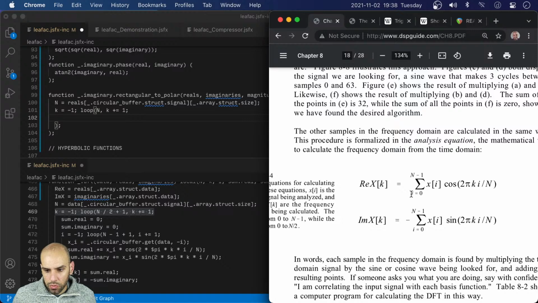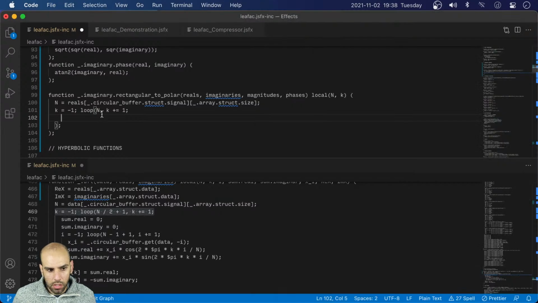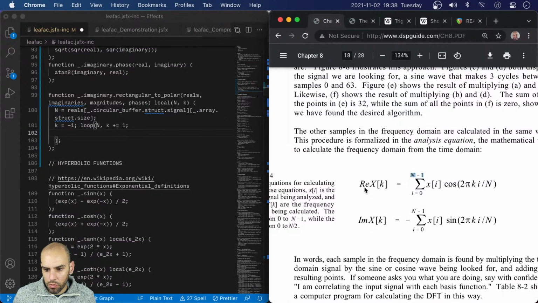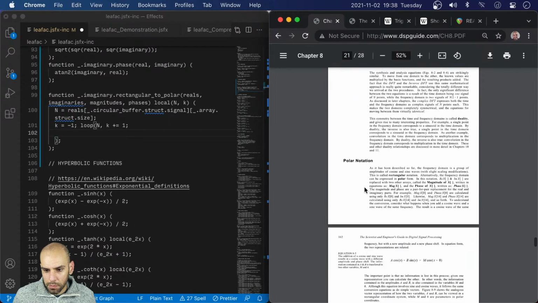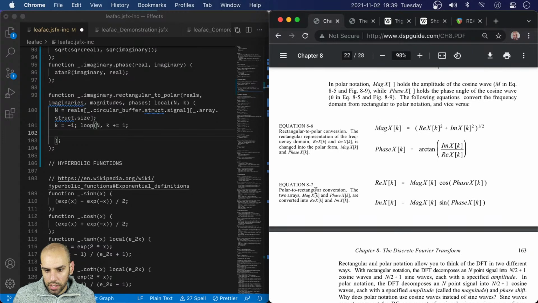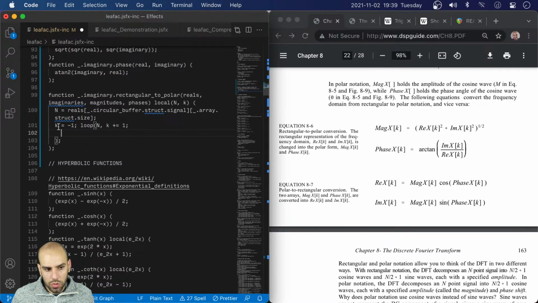They are saying to go from 0 to n minus 1. That's what we are doing there as well. Great. Oh, but this is the wrong formula. This is not the formula to compute the polar stuff. Yeah, they don't even talk about the range here. They just give the equation and you're supposed to think about the range yourself. That's fine. We are just going to go from 0 up to n.